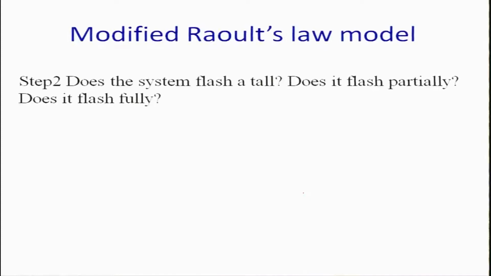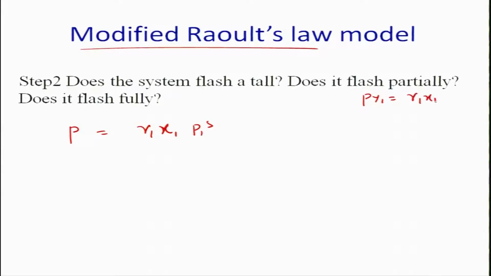What about if you had used modified Raoult's law? Will the system behave in a similar way as you have evaluated using ideal solution conditions? In order to do that, we write down again gamma 1 x1 p1 sat. Remember, if you are using modified Raoult's law, it is going to be p y1 equal to gamma 1 x1 p1 sat.